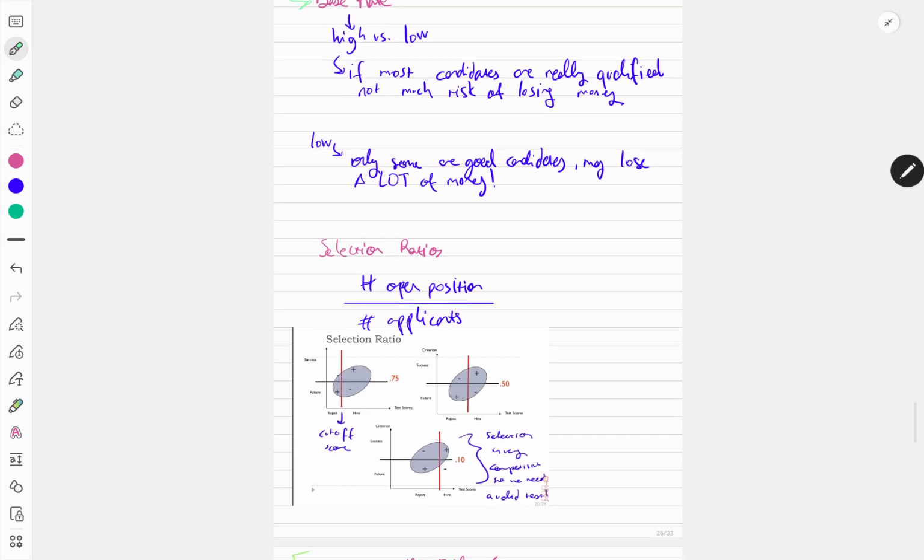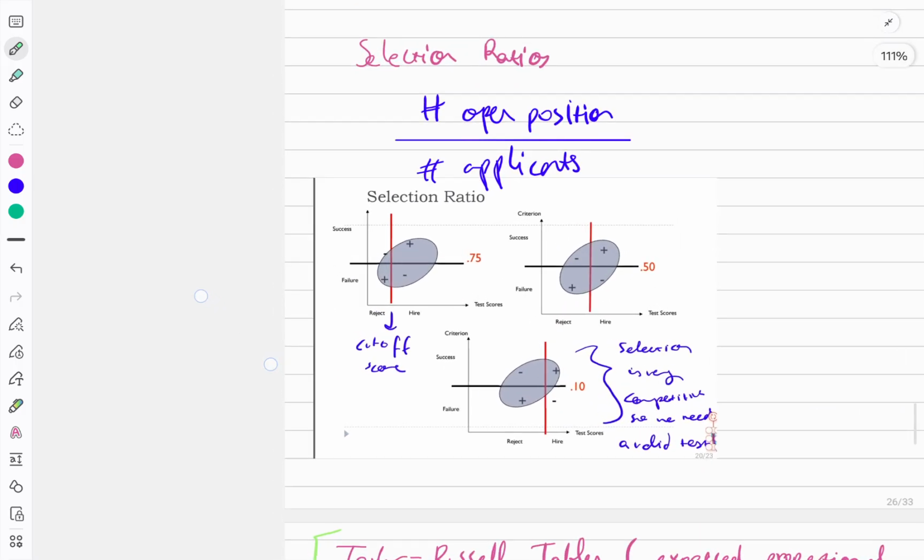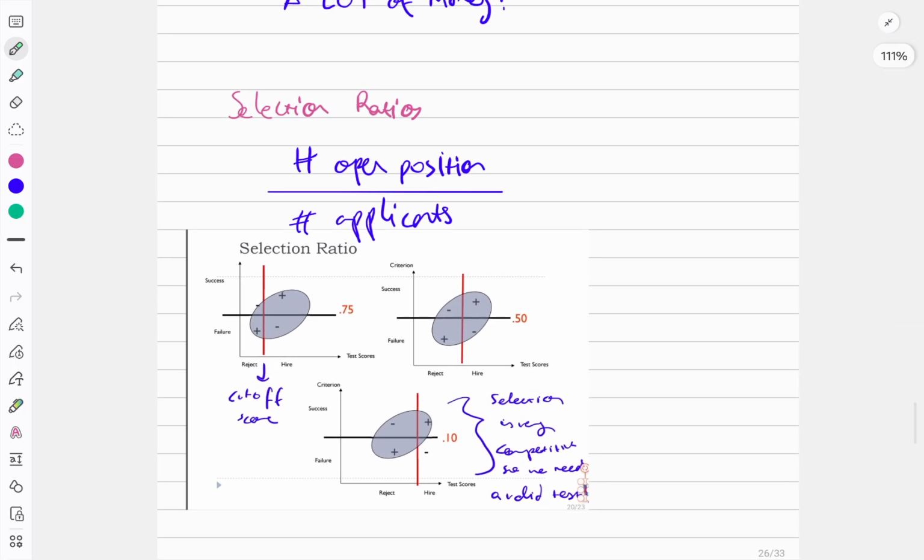And in selection ratios, we have number of open positions and number of applicants. Based on this, it's basically how desperate we are for employees, right? If we are very desperate, we have to kind of take the cutoff point to the left.